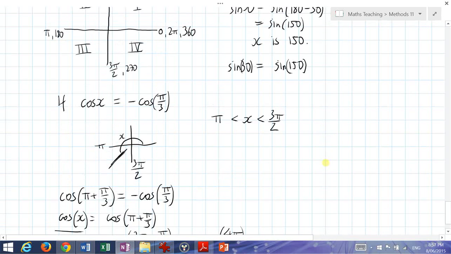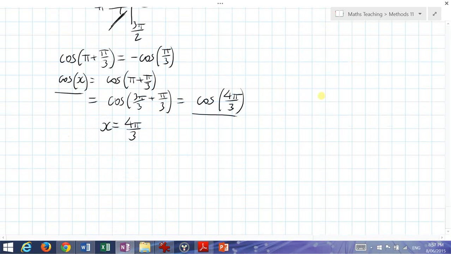Those are the examples which help you then cover exercise 16E. And the homework there is questions 1 to 3.